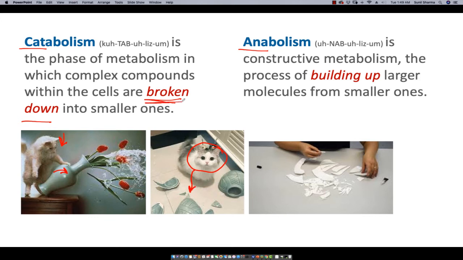Now we have this lady named Anna, who has to rebuild, taking broken pieces of the vase or cutlery or whatever the cat has broken and putting them together, building it up. So you can think about the cat breaking things and anabolism building it up. Anna is there building that up. A way to remember.